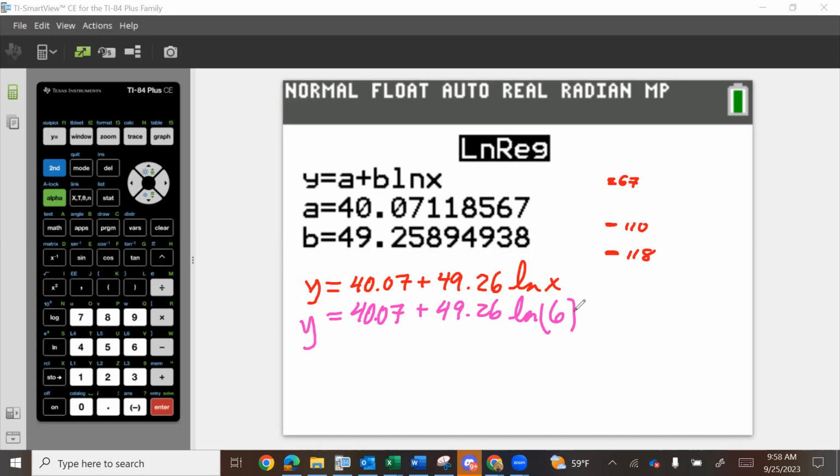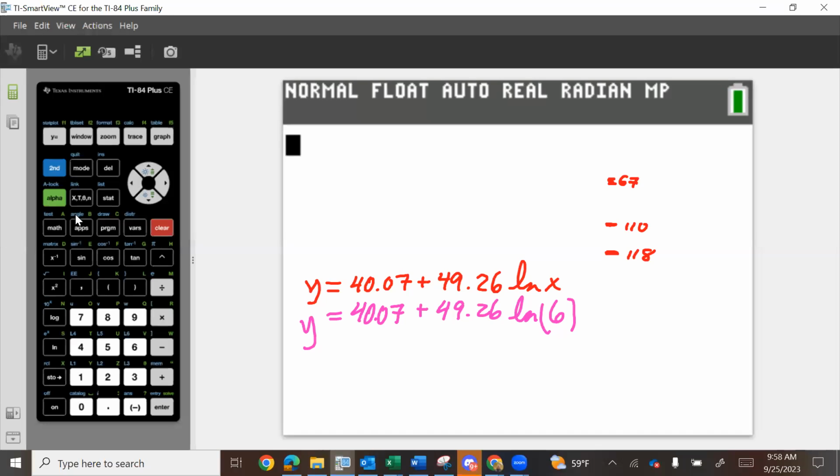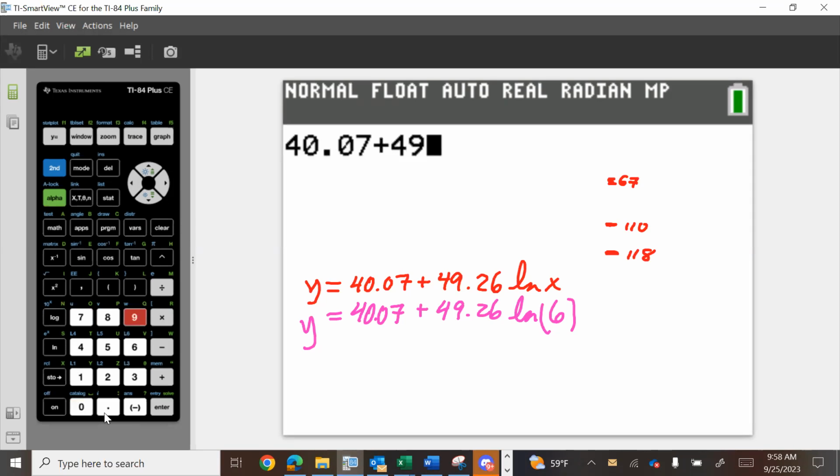So we're going to plug 6 into the ln function. I'll go 40.07 plus 49.26 ln. I hit the ln button. This button here is log base 10.